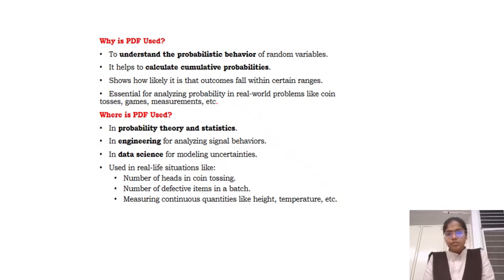PDF can be used in many places like in probability theory and statistics, in engineering for analyzing signal behaviors, in data science for modeling uncertainties, and in real life situations like number of heads in coin tossing, number of defective items in a batch, measuring continuous qualities like height, temperature, etc.